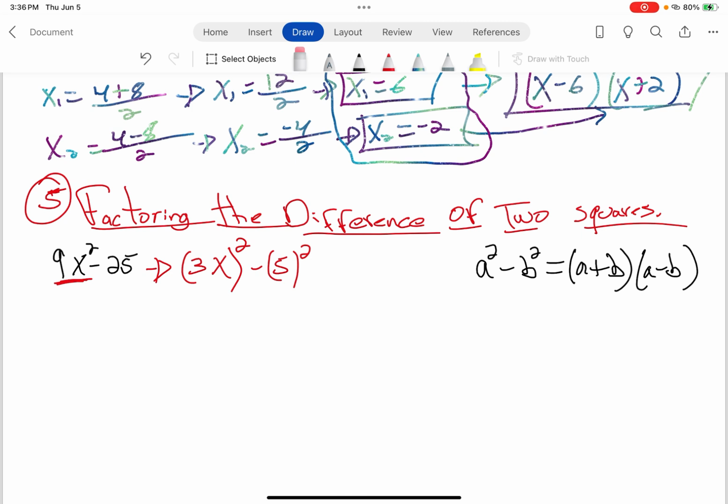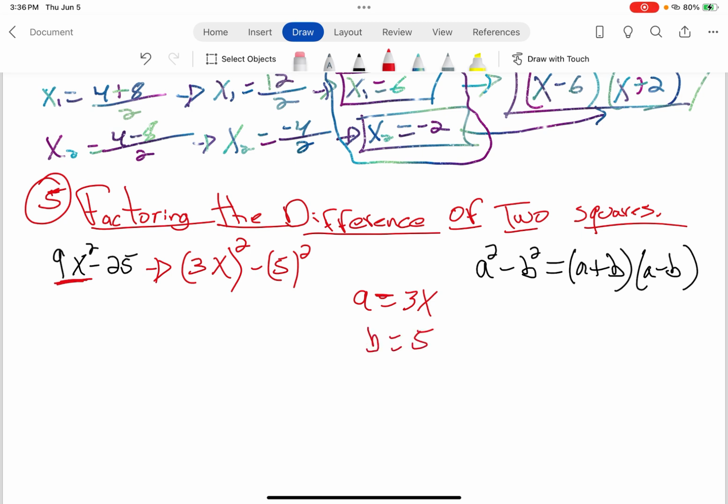It says a squared minus b squared is equal to a plus b times a minus b. So here my a was 3x, right? And then my b was equal to 5.